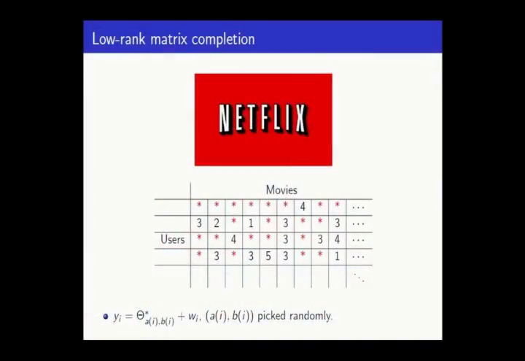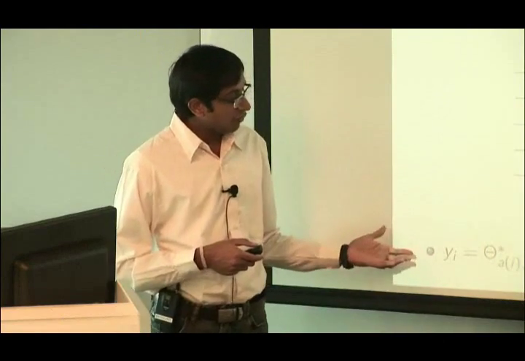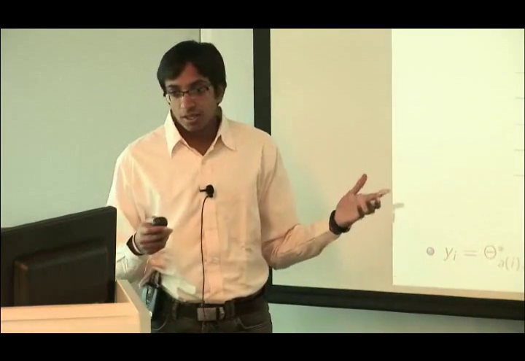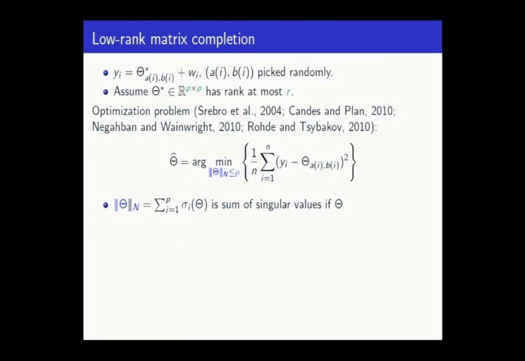Another problem that falls within the purview of this theory is the low rank matrix completion problem. The way we formulate it is that we think of our observations as randomly picked entries of a matrix theta star corrupted with some zero mean noise, and we make the structural assumption that theta star has rank at most r.